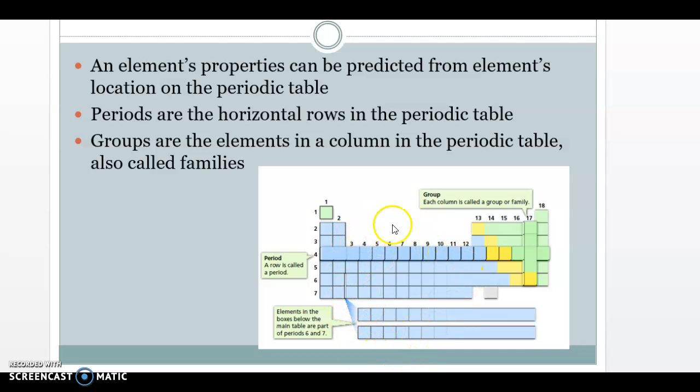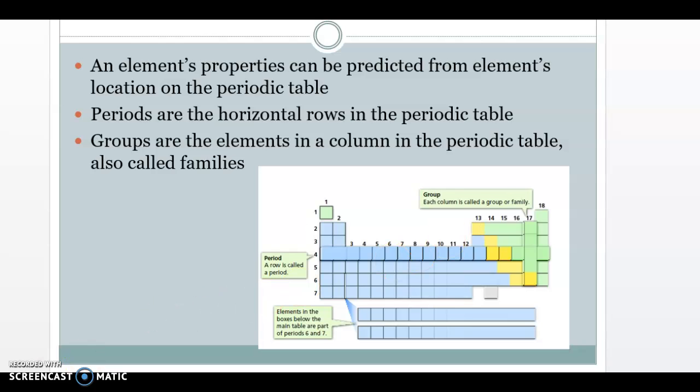We talk about groups 3 through 12, which all hang out together and are very similar. And then starting with group 13, 14, 15, 16, 17, 18, again we can talk about these being families and having some very particular properties. So it's very organized in a specific way that tells us a little bit about each of the elements.